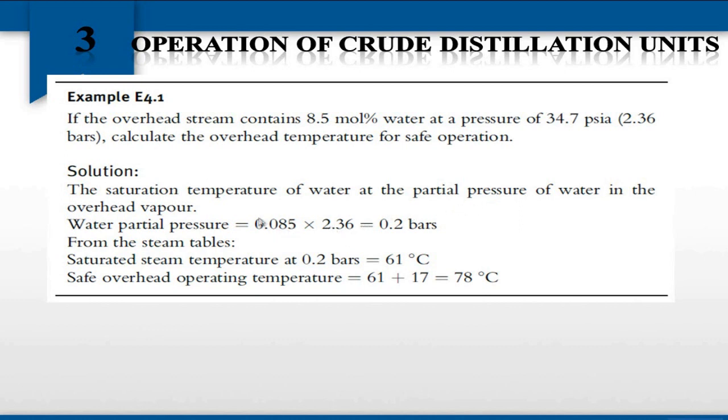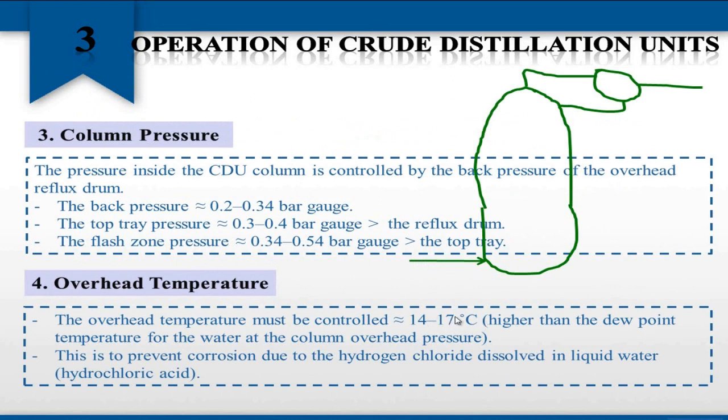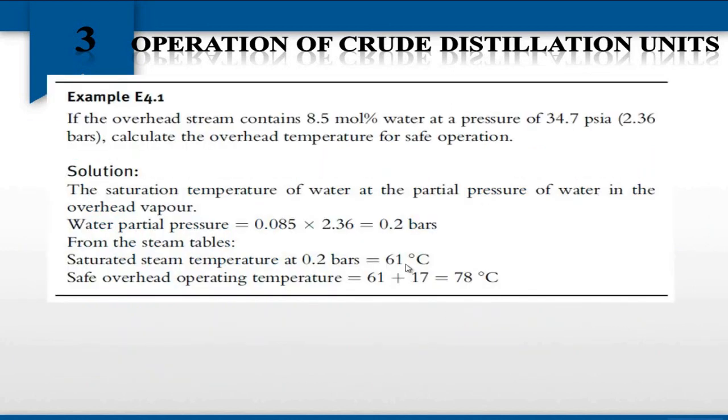So we multiply with the water fraction in that stream and it comes out to about 0.2 bar. From the steam table, the saturated steam temperature at 0.2 bar is equal to 61 degrees Celsius. So we add 17 degrees Celsius to that dew point temperature. So what we get is 78 degrees Celsius for the operating condition at the overhead.